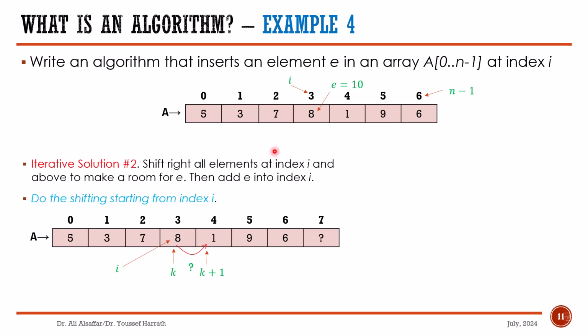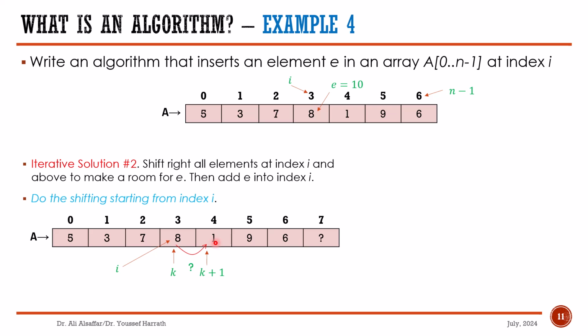If we want to insert the element 10 at index 3, we need to shift all elements starting from index I and forward. So if we do forward shifting, first we will move 8 to the next element, replacing the value 1, and the value 1 will be lost forever. In the next iteration, the value 1 does not exist. It has been replaced by 8.